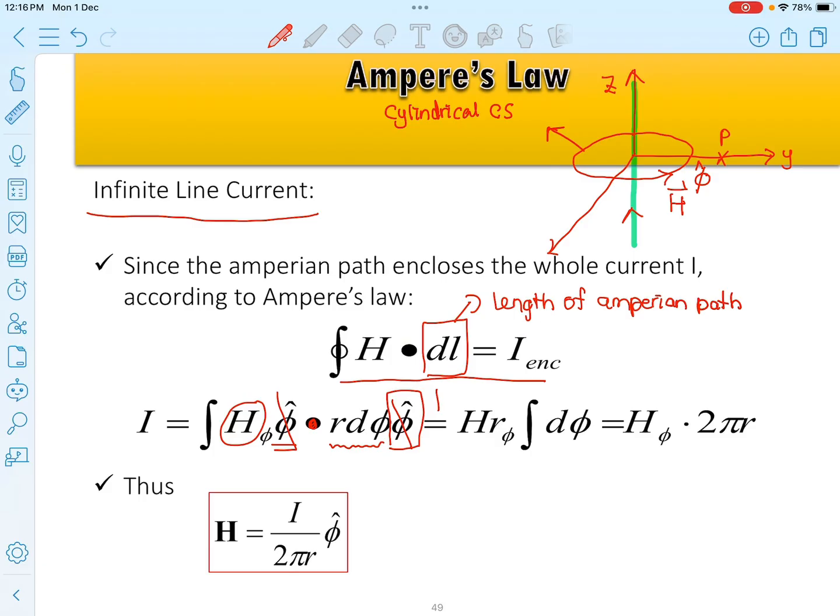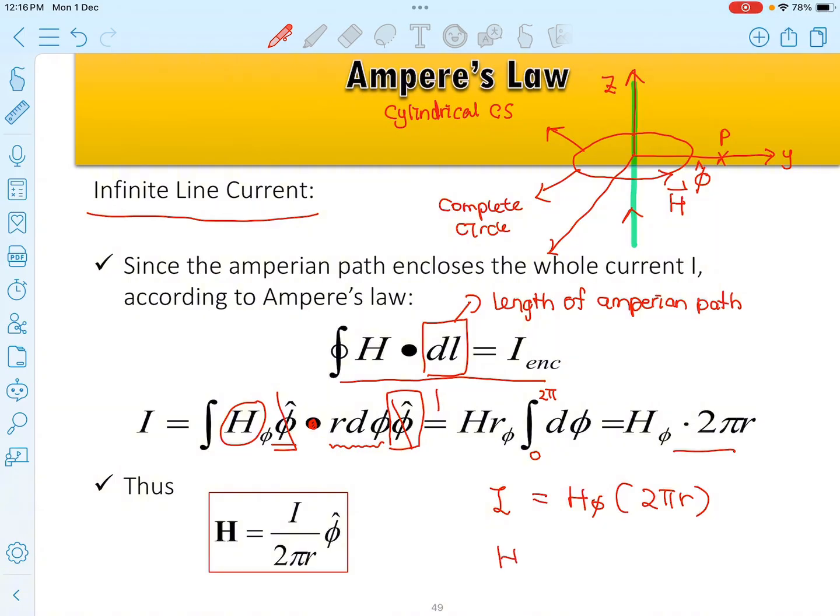If you take out the H and r and integrate from 0 to 2 pi, because this is a complete circle, the angle for a complete circle is 2 pi. So it means that our I is equal to H, which is in the phi direction, multiplied by 2 pi r.